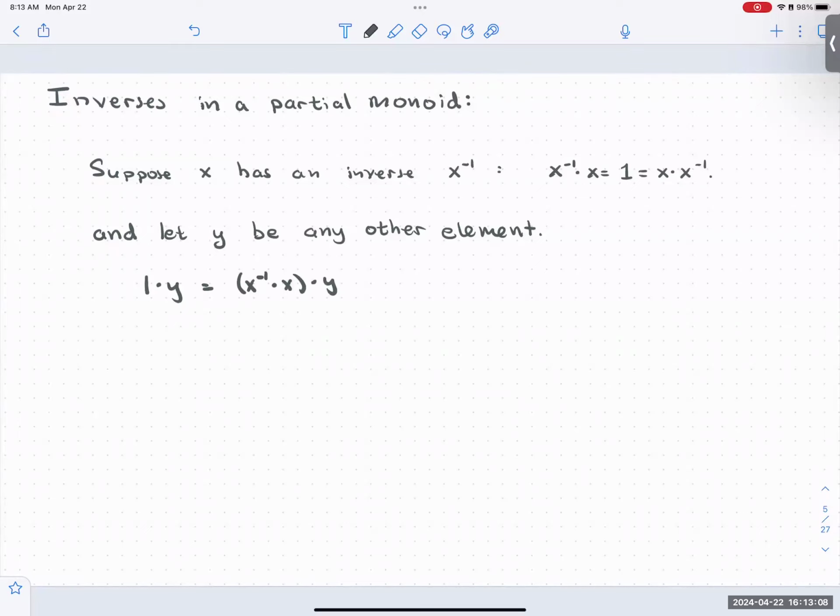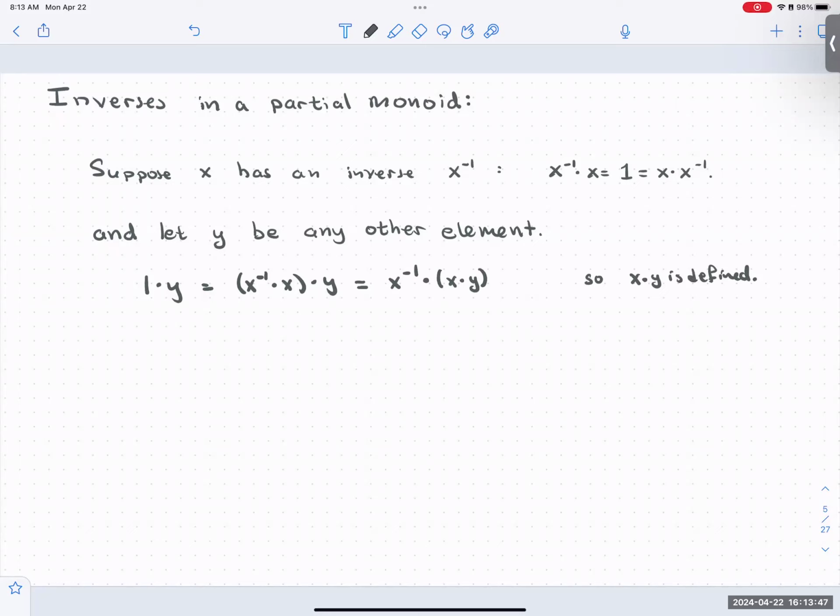That is x inverse dot x dot y. But then because we have this very strong form of associativity, I can move these, and this is x inverse dot x dot y. So x dot y is defined. So having an inverse, and similarly in the other side, right? So I did things in one way, but I could have used the other one to see that y dot x is also defined.